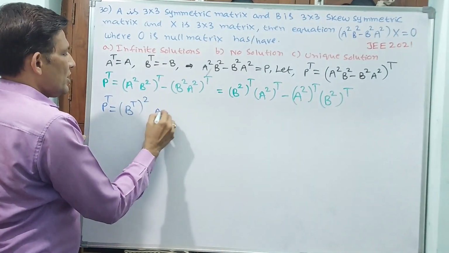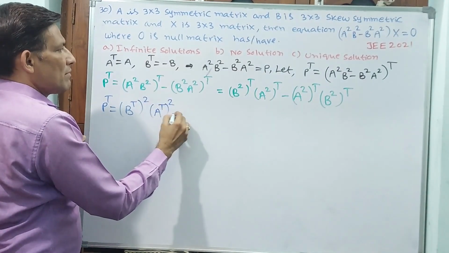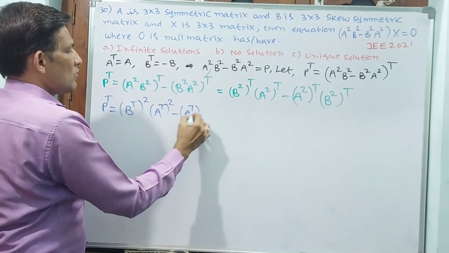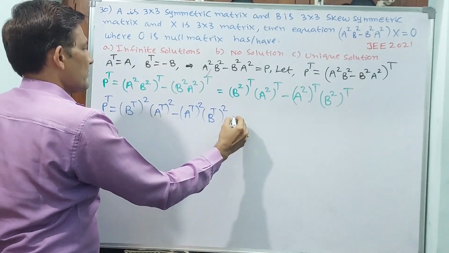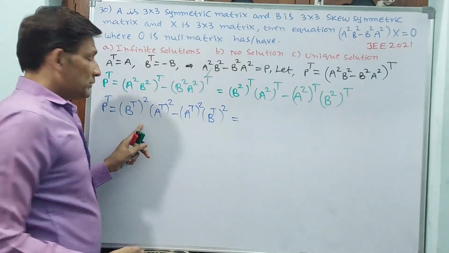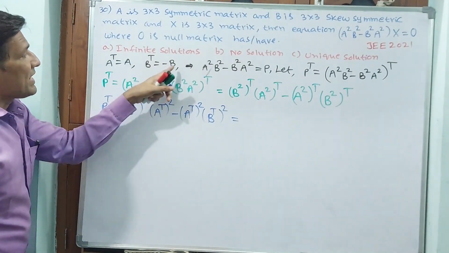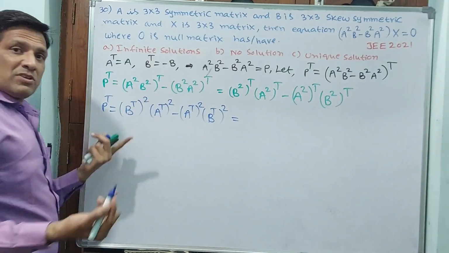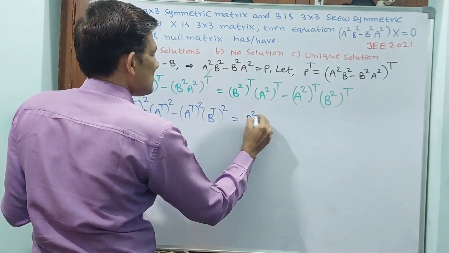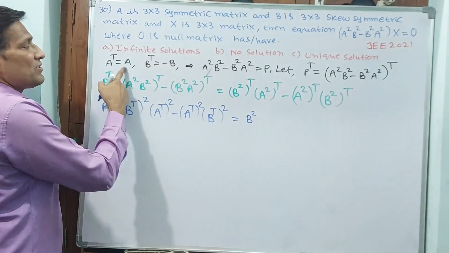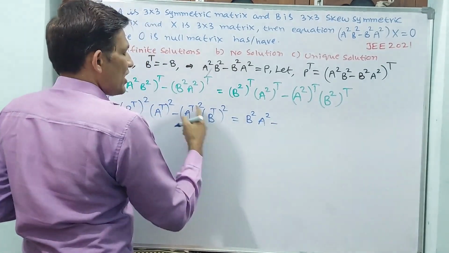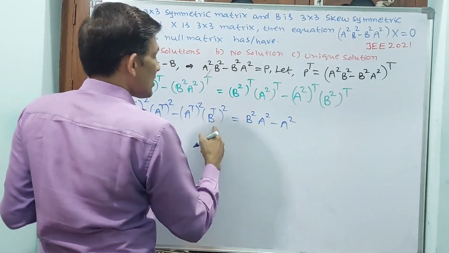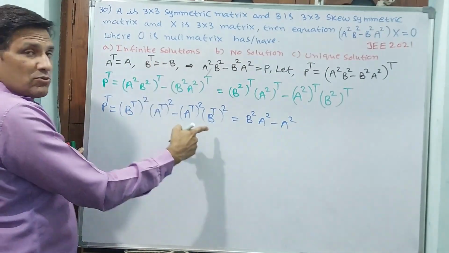So (B transpose) whole square (A transpose) whole square minus (A transpose) whole square (B transpose) whole square. Also, B transpose means minus B will come. Minus B square means B square. A transpose means A will come, A square, minus (A transpose) whole square, A square. (B transpose) whole square means minus B square is B square.